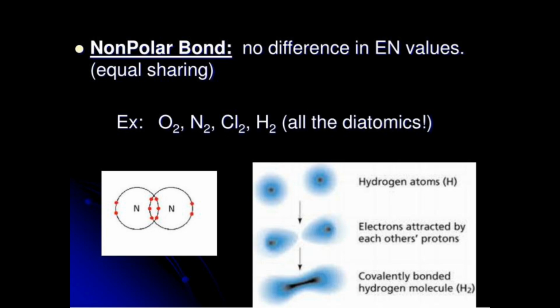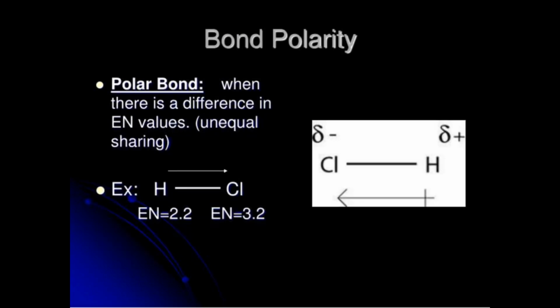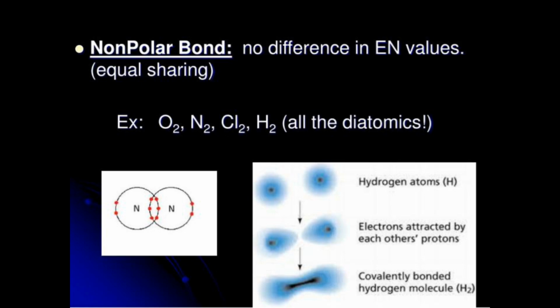A non-polar covalent bond exists because there is no difference in electronegativity value of the combining atoms, and there is equal sharing of electrons. So in terms of polarity, you can have polar covalent bonds and non-polar covalent bonds. Please take note of that. A non-polar bond is usually between atoms of the same element.